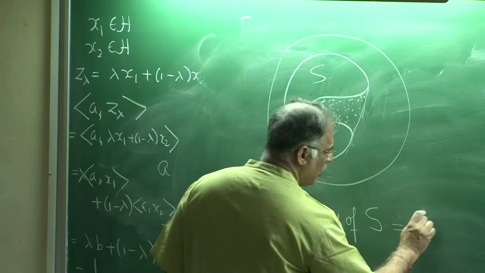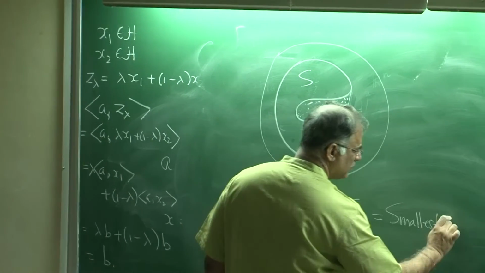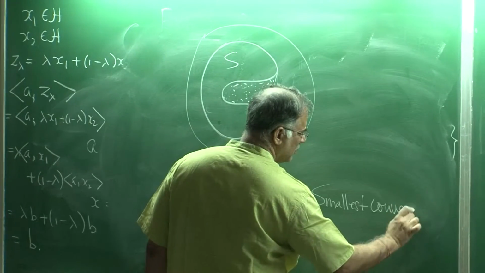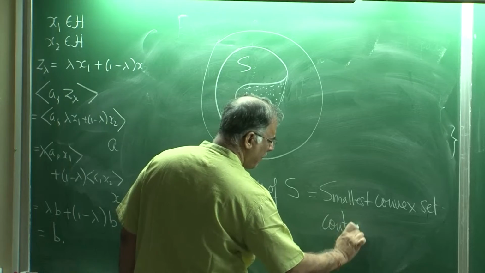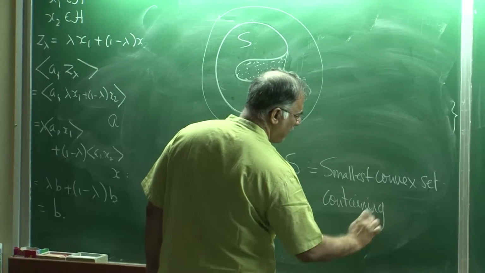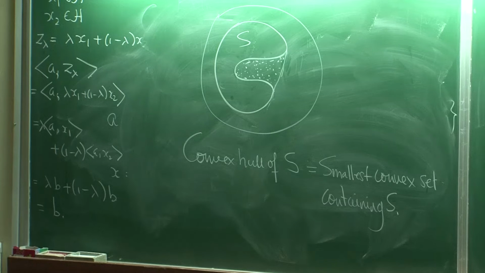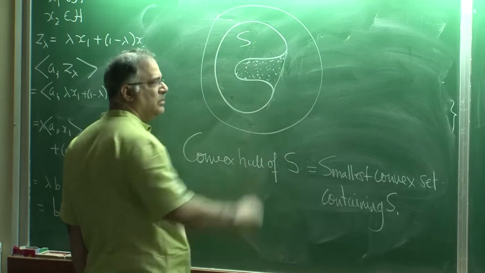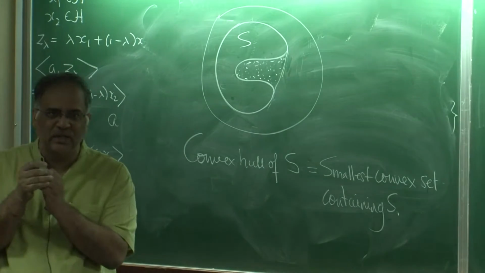Convex hull of S is the smallest convex set containing S. So you see, whatever convex set I take, this set would fit loosely inside it.